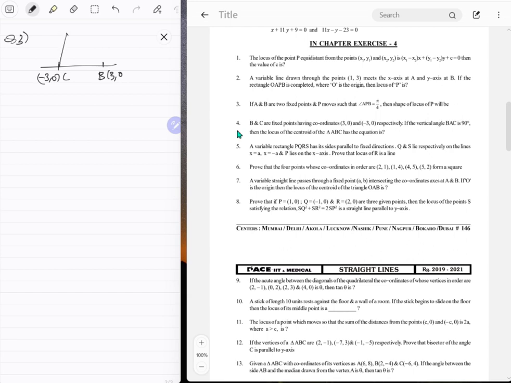I think you mean like this and not this. Maybe that's what they mean. Not sure what they're talking about. But angle BAC is 90 degrees. That just means this thing is 90 degrees like that. Locus of the centroid of triangle ABC. So A is a free point, and the locus of the centroid of triangle ABC has what equation?